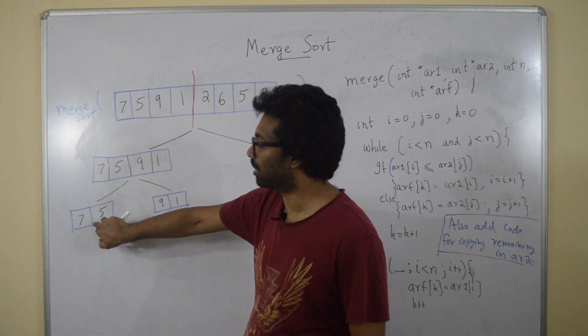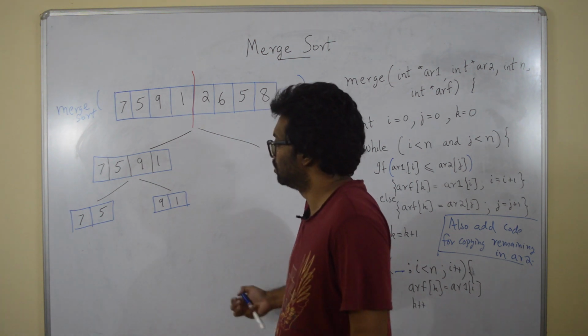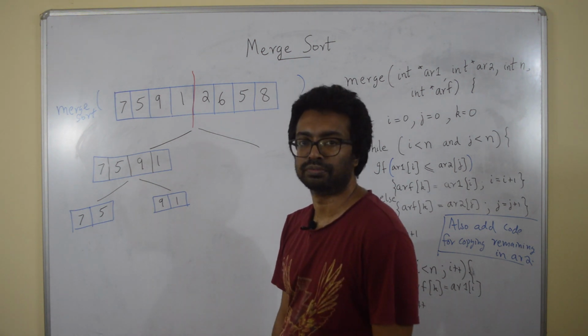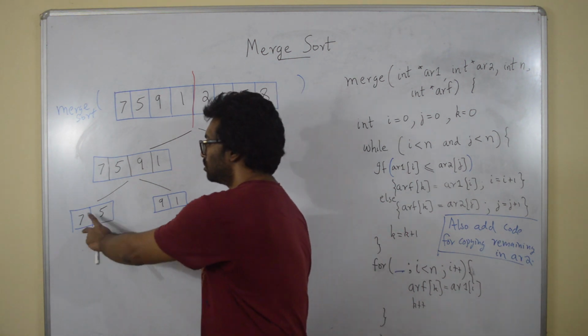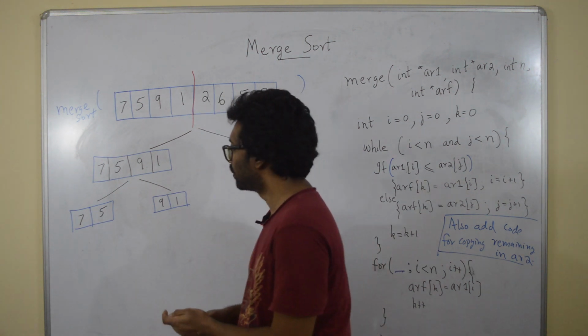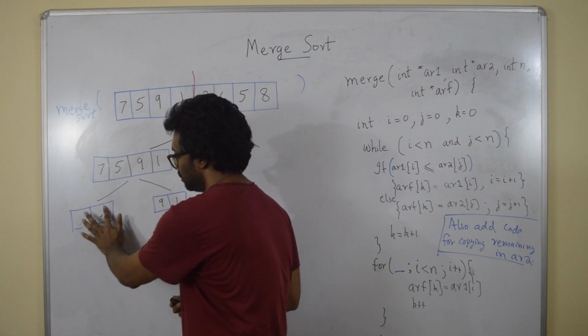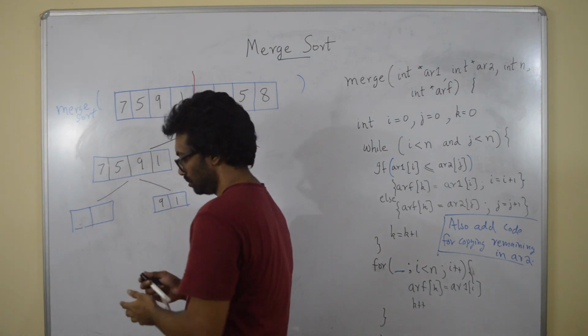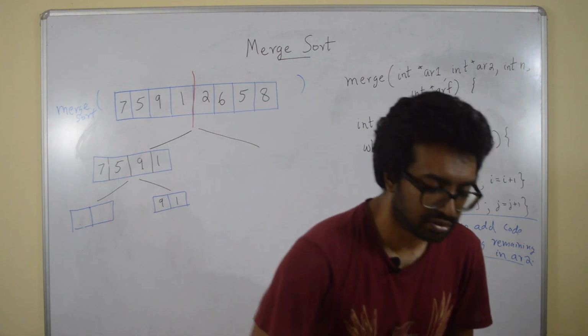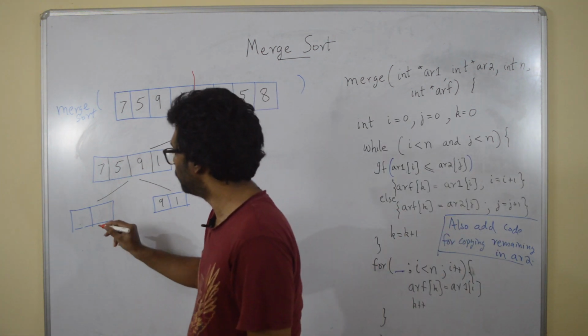So you have a two-element array, and what is it you need to do? You sort it here, right? Okay, so you're going to sort this into 5 and 7.